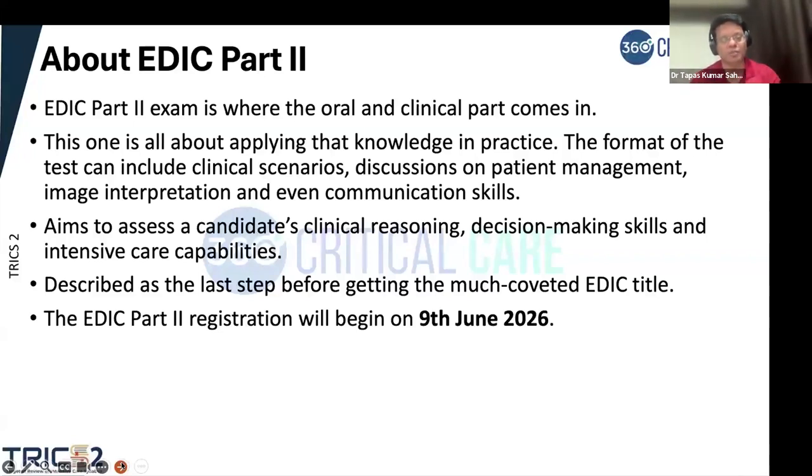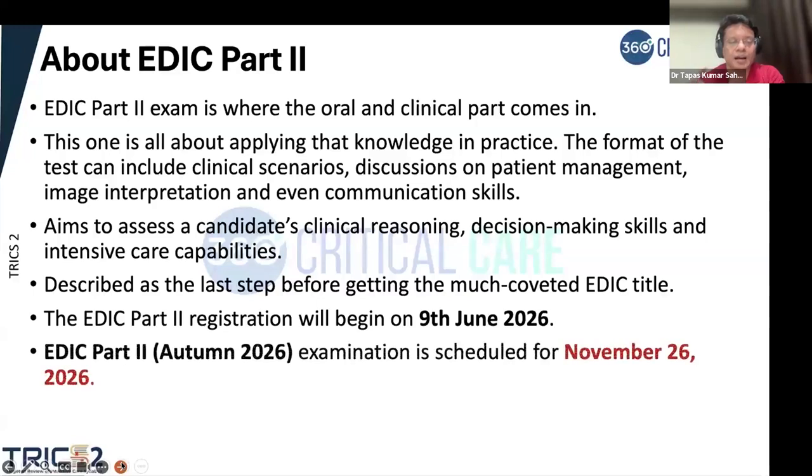Before that, there is one more step between Part 1 and Part 2, which is getting a seat confirmed for the exam. That's the second battle. The next season, the autumn 2026 exam, is scheduled for November 26, 2026, so 26-11-26. You should remember that and keep it on your table as a timer.